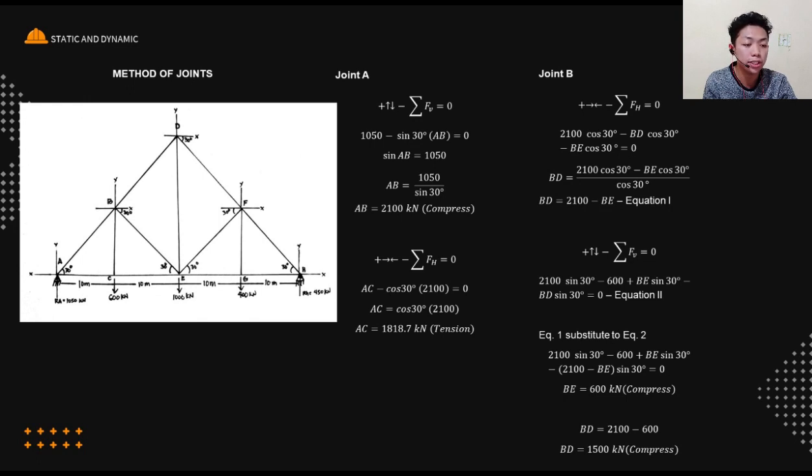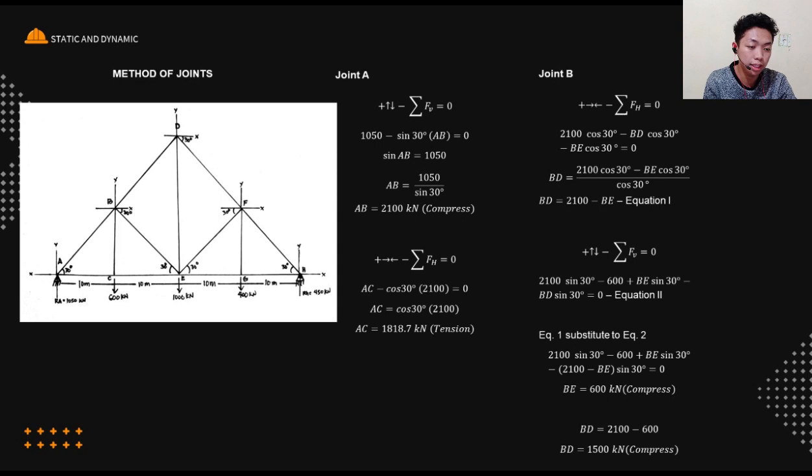Next is magsusummation forces vertical tayo, which is pagpataas is positive and pagpababa is negative. Yun pa rin, yung 2,100 na value, tapos is-sin 30 degrees naman siya, magiging positive siya kasi pataas, tapos negative naman yung 600 kasi pababa.